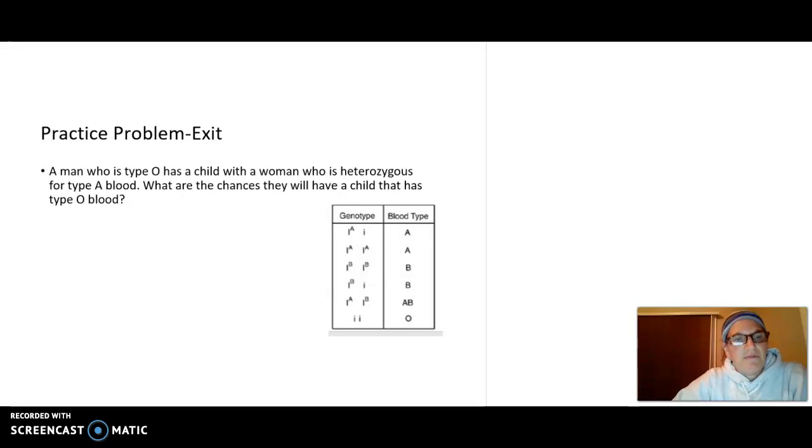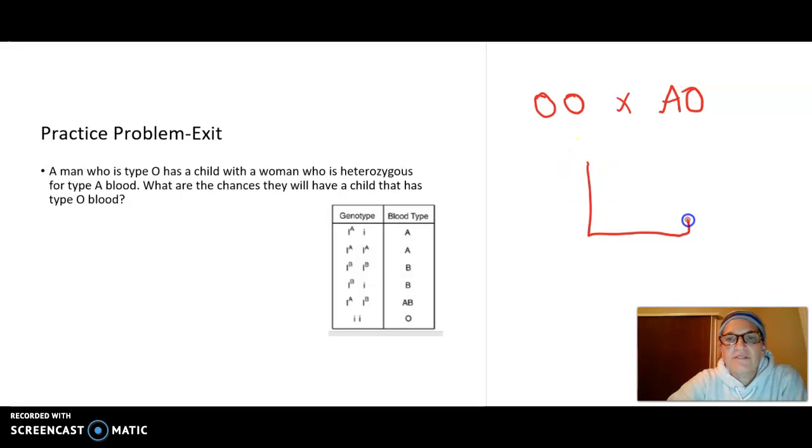Okay, let's do this problem. A man who is type O, so if he is type O, he has to have OO, has a child with a woman who is heterozygous for A, so that means that she is AO. What are the chances that they have a child that has type O blood?